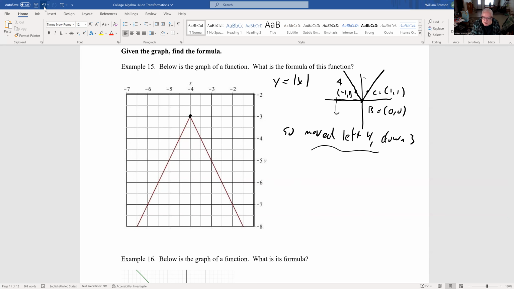So if this was all that was done, the point A should go left 4, which would get you -5. And then down 3 would give you -2, but I have to be a little bit careful. The other thing we can see is this has been flipped.